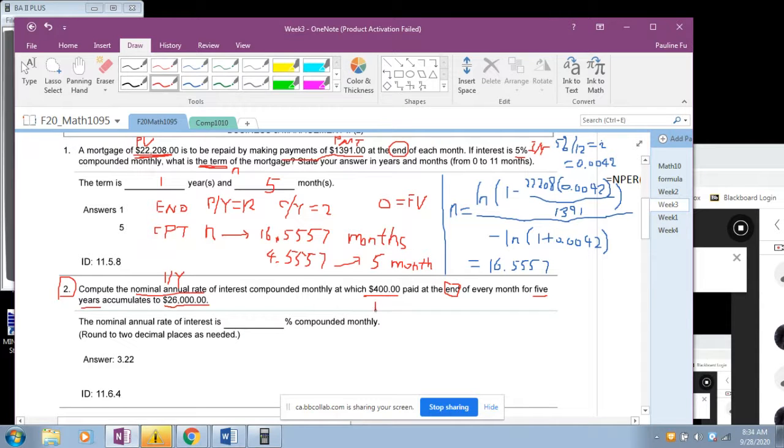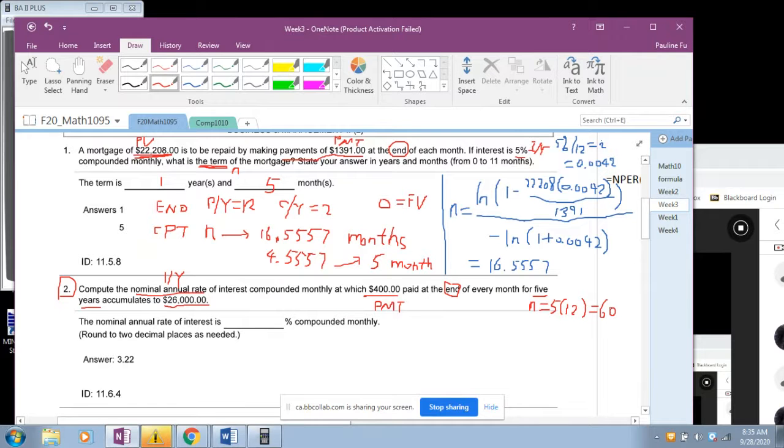And PMT is 400. 5 years equals how many months? 1 year has 12 months, so 5 multiplied by 12 equals 60.